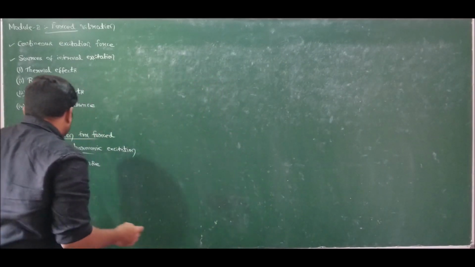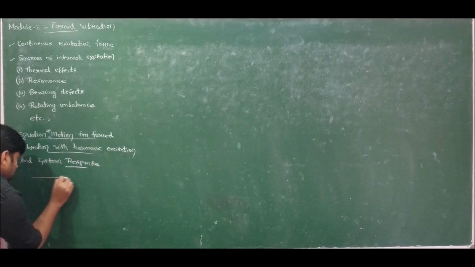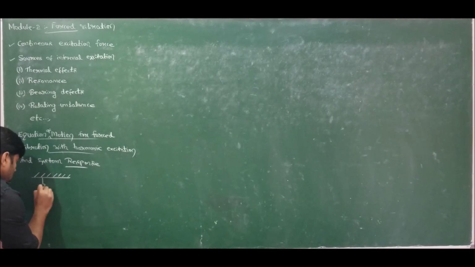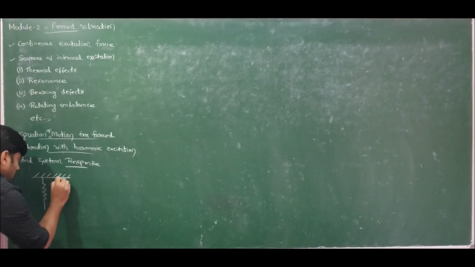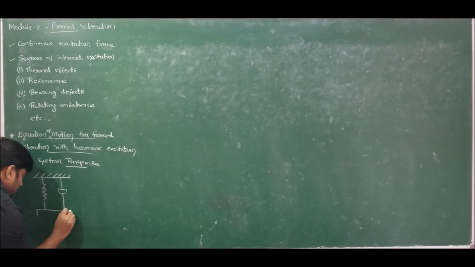Now let me consider the forced vibration system, which you already know. A forced vibration system should consist of spring, mass, damper and continuous external excitation force. Correct?